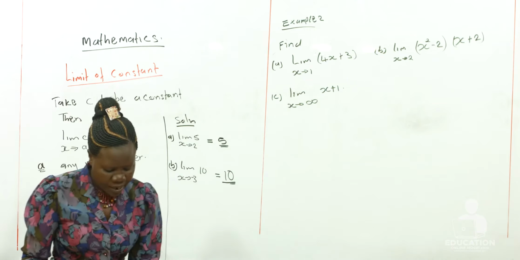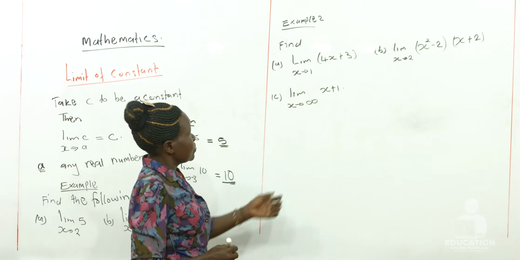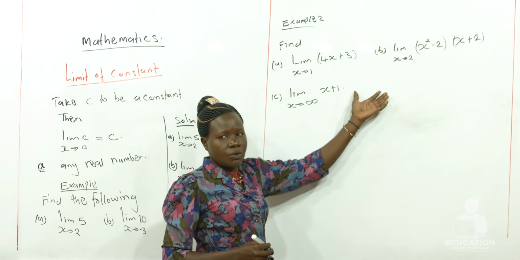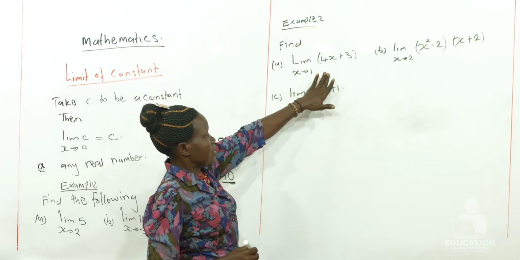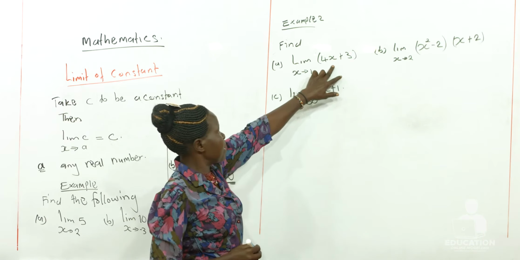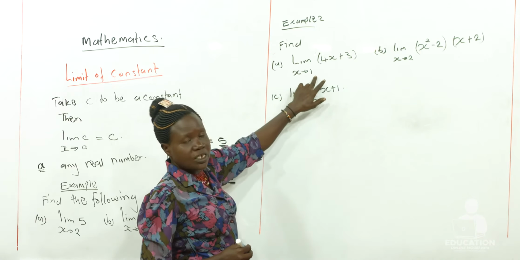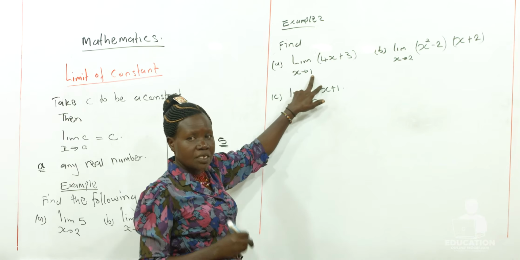So, dear learners, in case you are given to find the values of this kind of questions, what do you do? You simply look at the equation given. For the example here for part A, they have said lim, x is approaching 1. That means x is 1.